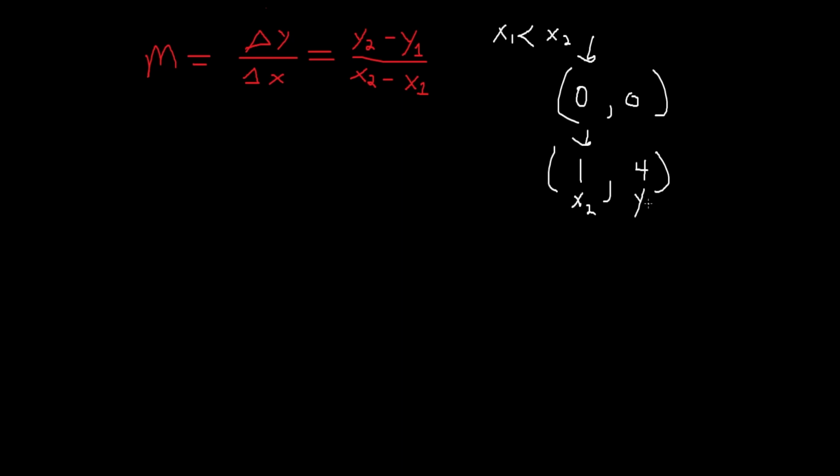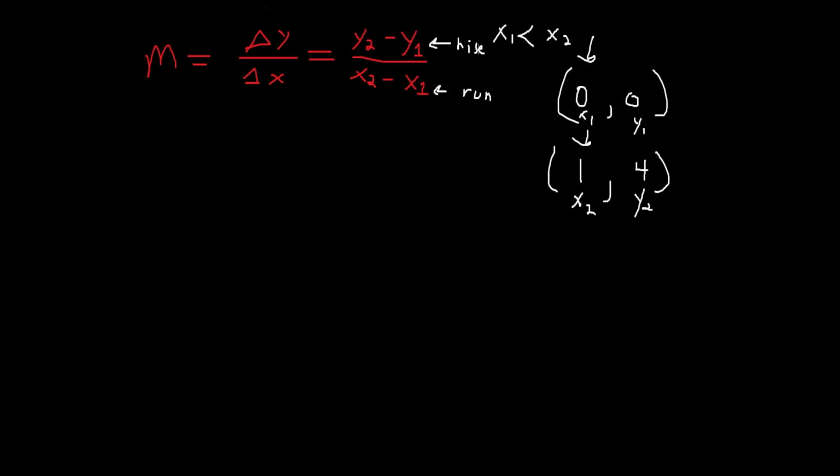Which means this would be y2, and this would be x1, sorry, my bad. This would be x1, and this would be y1. So, rise over run is how a lot of people remember it. I remember it that way in my head because the y value is how far you're going up, so this would be your rise, and x is how far you move forward, so that I would consider to be your run.